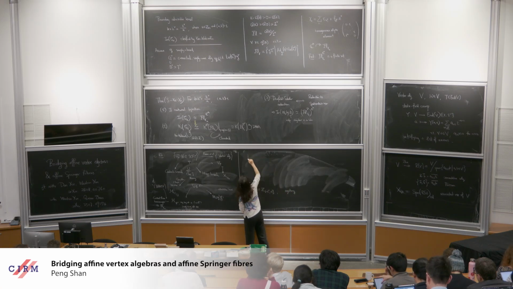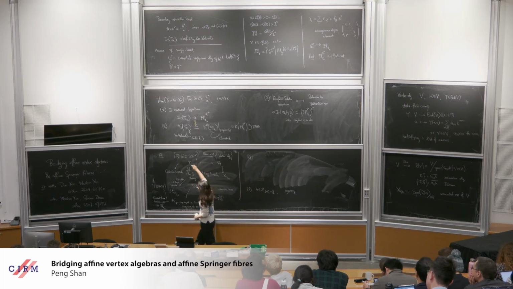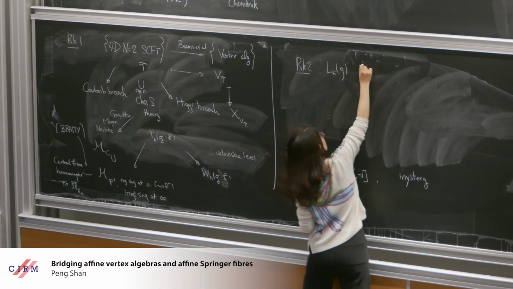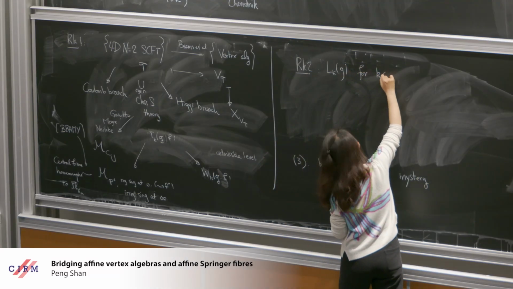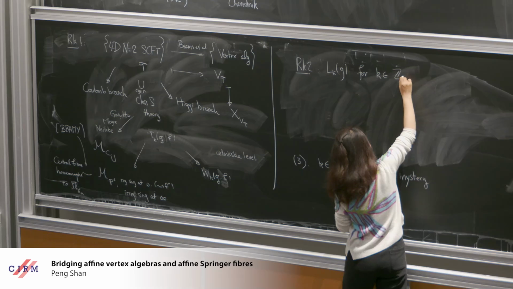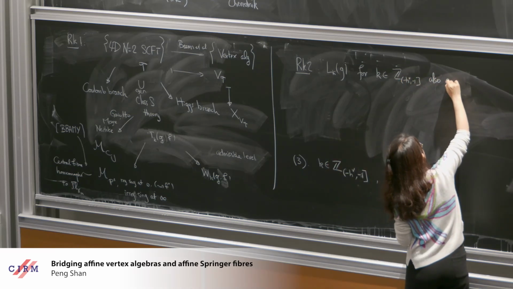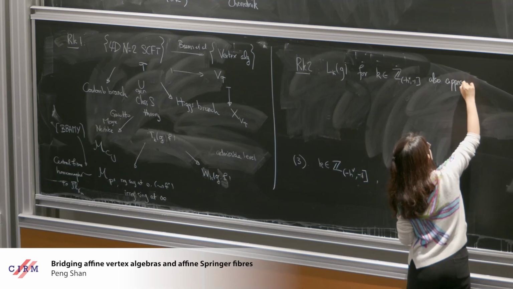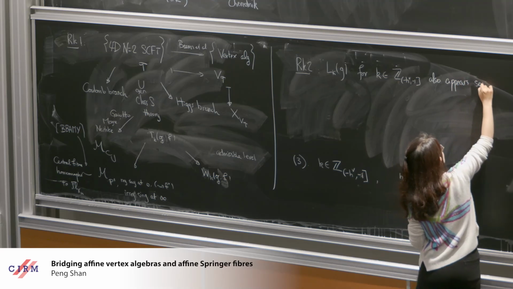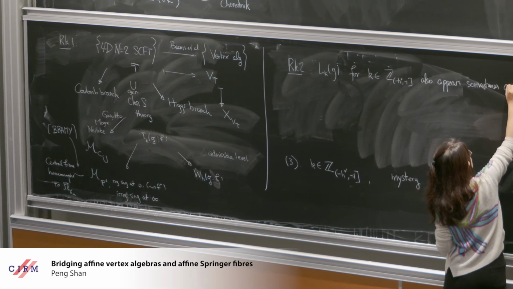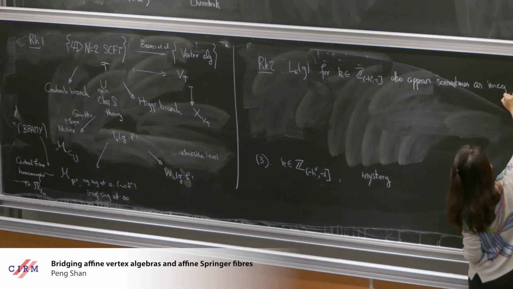So maybe the second remark is that this L_kG for k belonging to this interval also appears sometimes as an image of a certain theory.